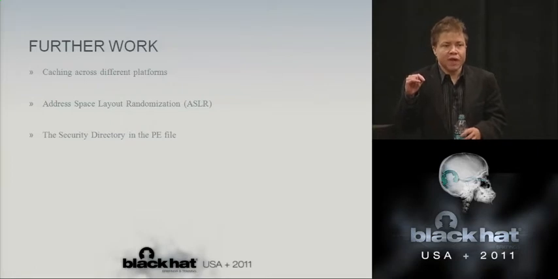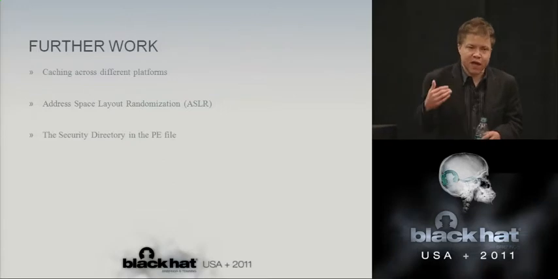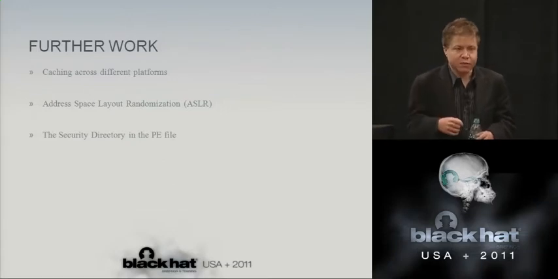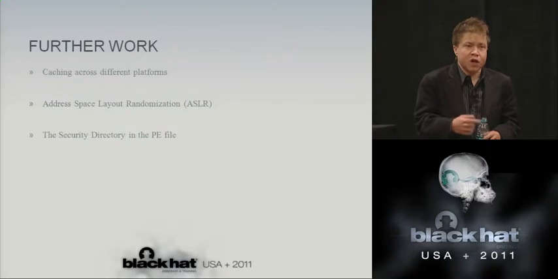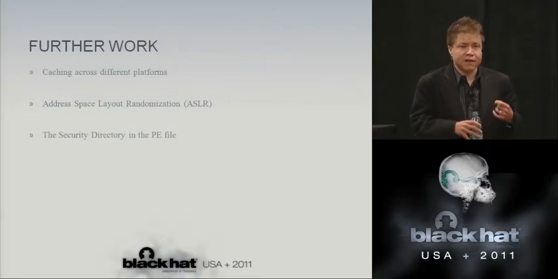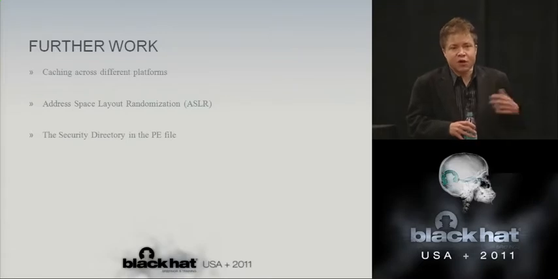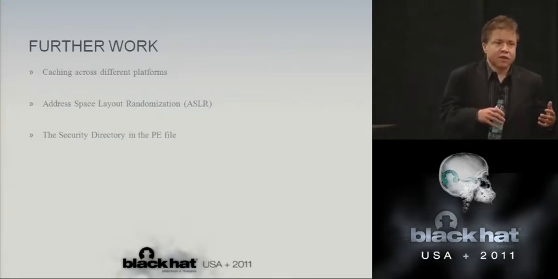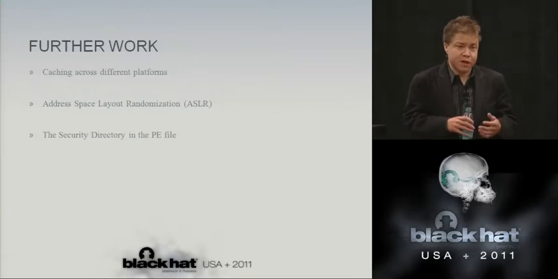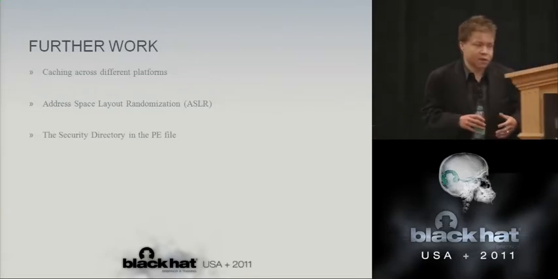Now, we can reverse that out because if we run a live memory analysis, we can see what the PE says it wants to load on disk. We know where we found it in virtual RAM, so we can go through the relocation section ourselves and do the fix-ups and feed that into our hashing function, and then our hash should match again. And that's what we intend to do, but I don't anticipate that coming out for the next couple of months, just because this isn't the only thing that we work on.